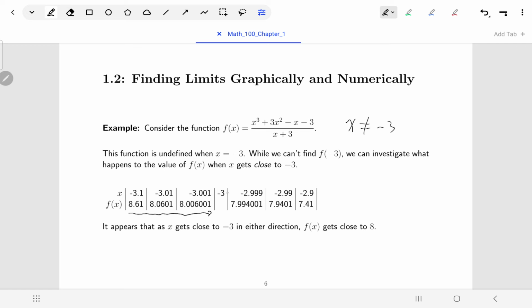And for values bigger than negative 3, it looks like my y value gets bigger and bigger and sort of tapering off and getting closer and closer to 8. So although there's nothing happening here at negative 3 at all, so there is no point on my graph at negative 3, I can say that as our x values are getting close to negative 3, the y values are getting close to 8.